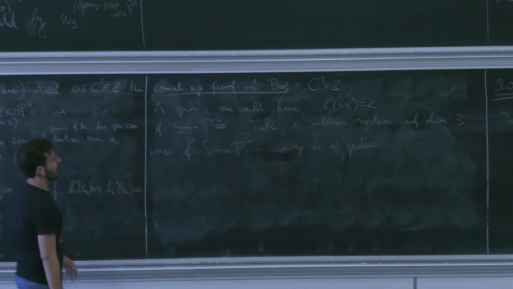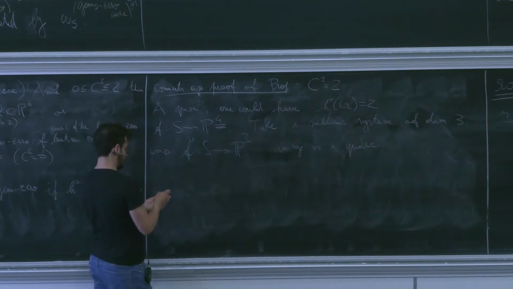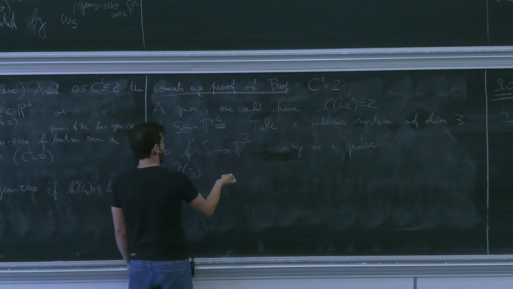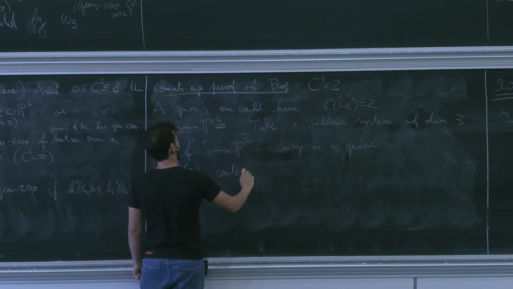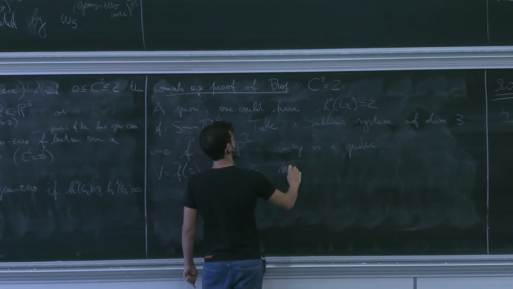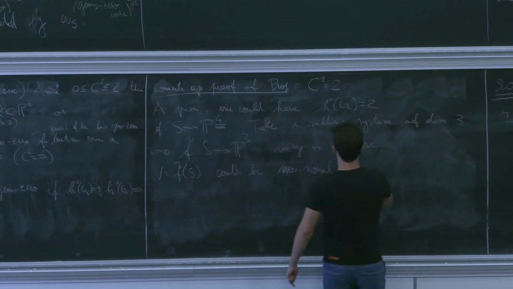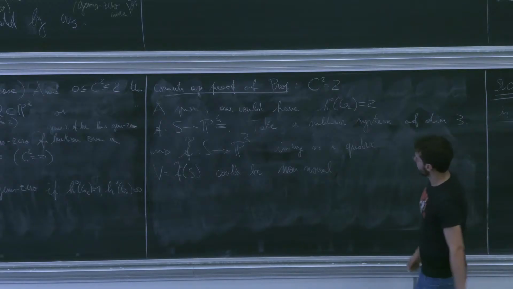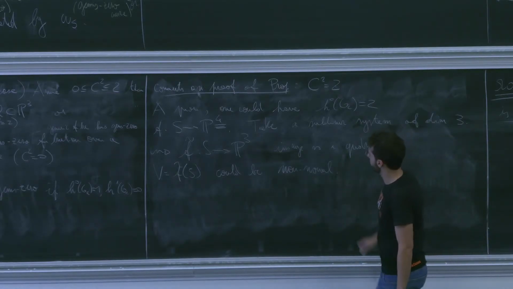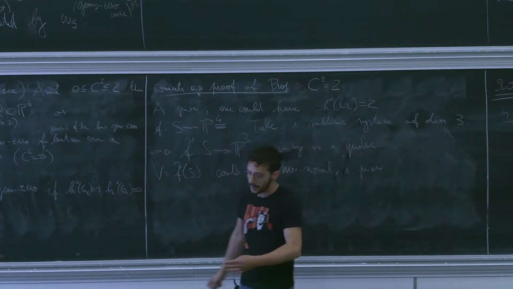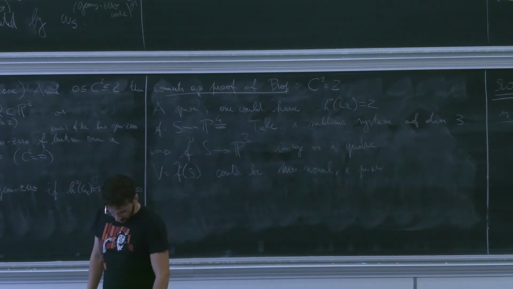And now the problem is that if you look at V, the image, this could be non-normal a priori. If you show that it's regular, we are done.